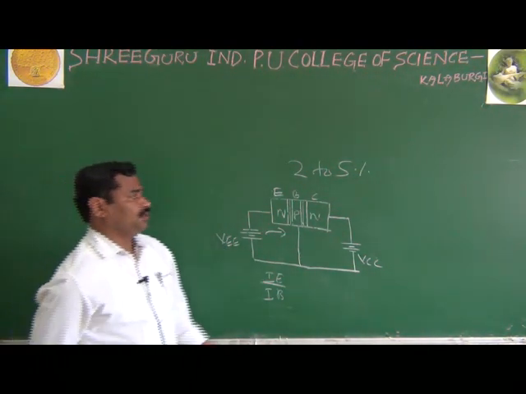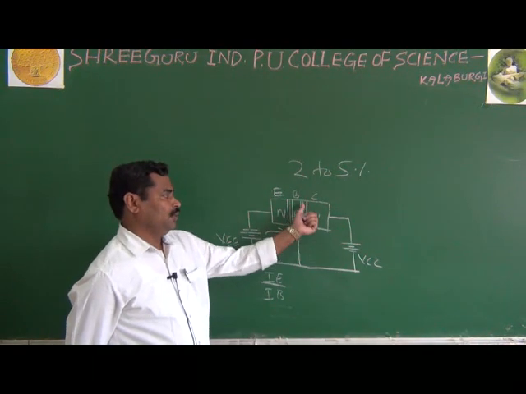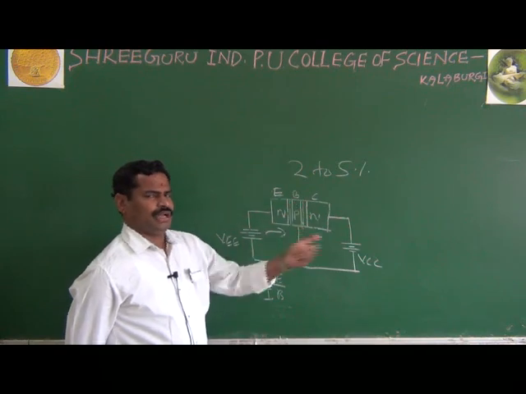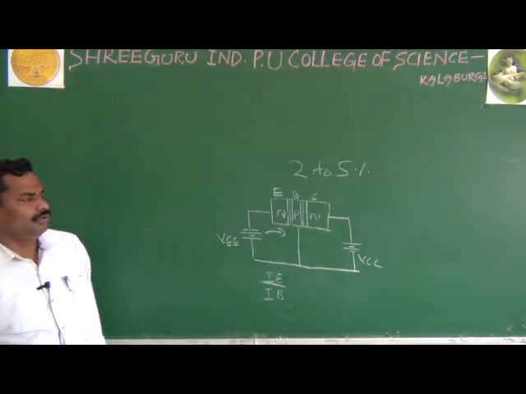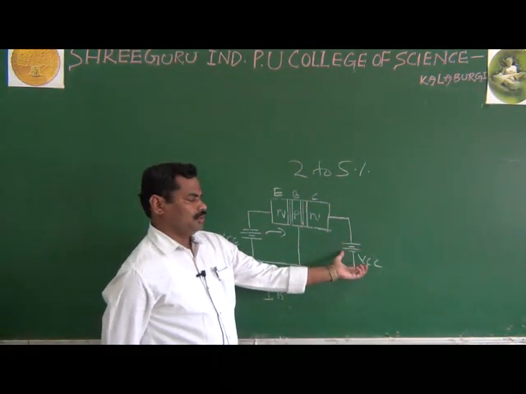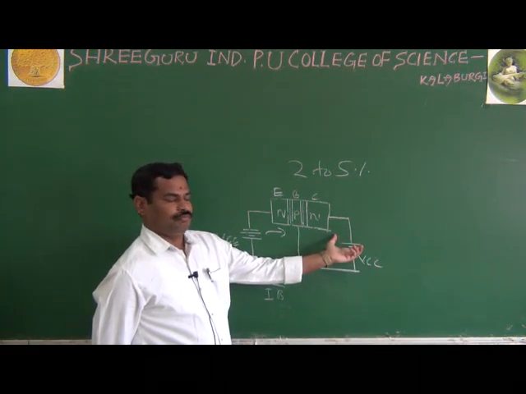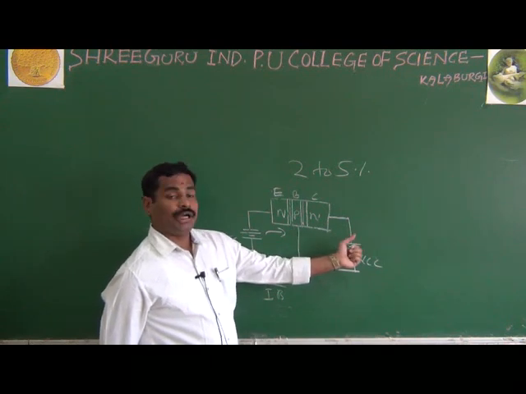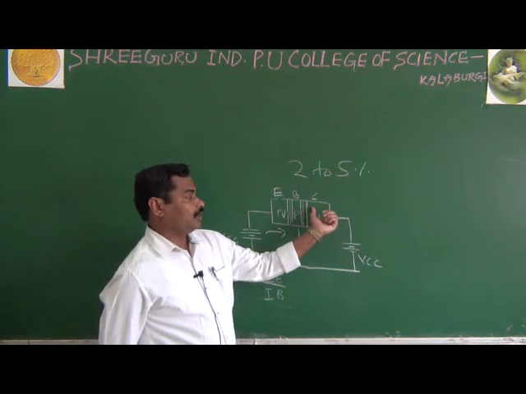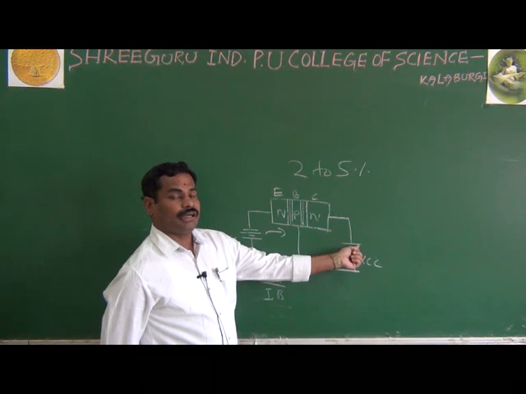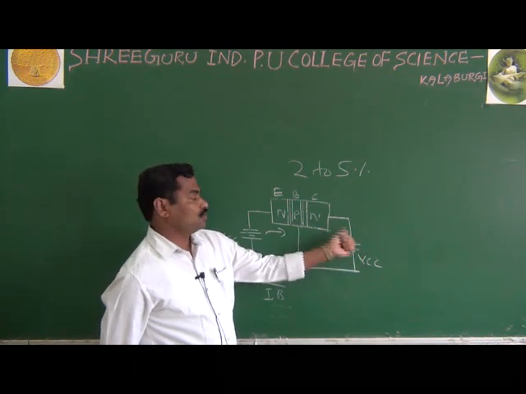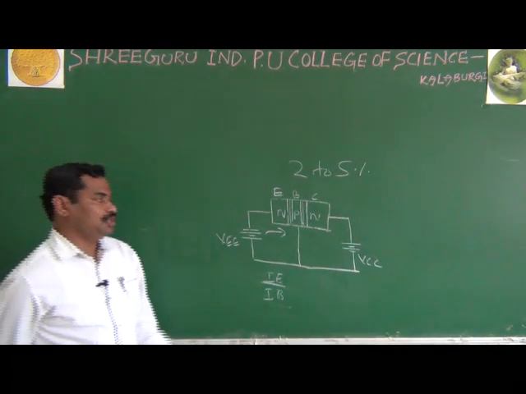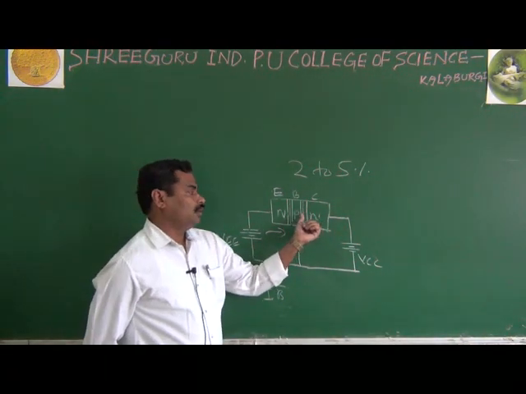Because of the reverse bias you have a wide depletion layer, and you apply a very high voltage in the output section, because to make it reverse biased we have to apply a very high voltage. Because of this high voltage, the electrons are attracted towards the positive terminal and can easily move from the base to the collector.